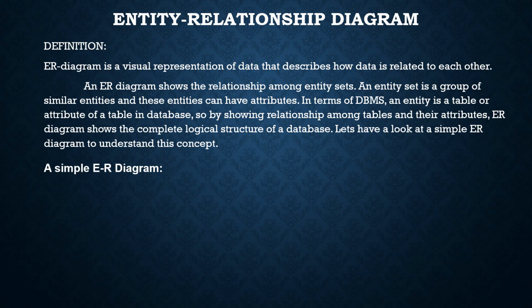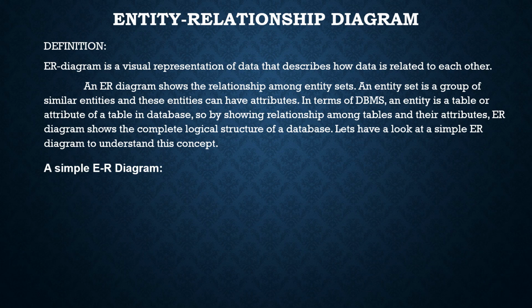In terms of DBMS, an entity is a table or attribute of a table in a database. So by showing relationships among tables and their attributes, an ER diagram shows the complete logical structure of a database. Just go through this one.